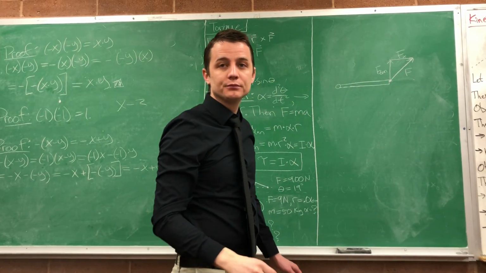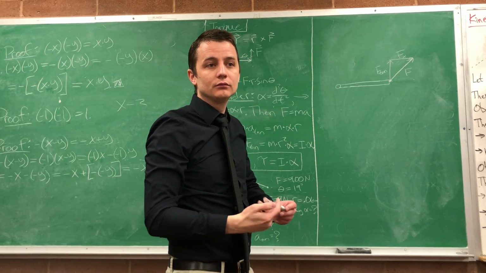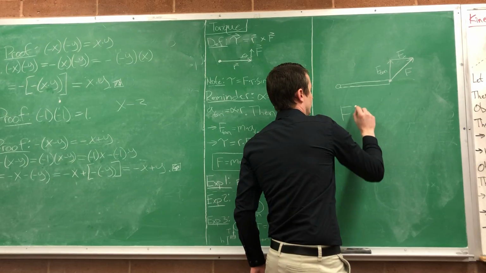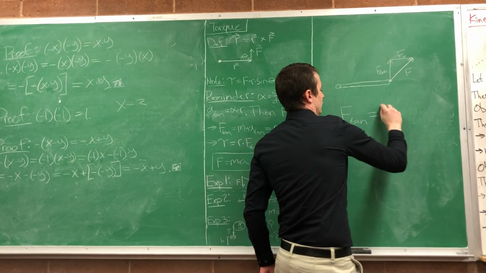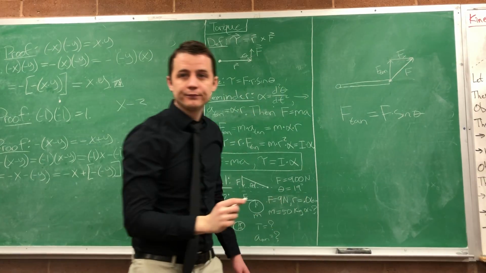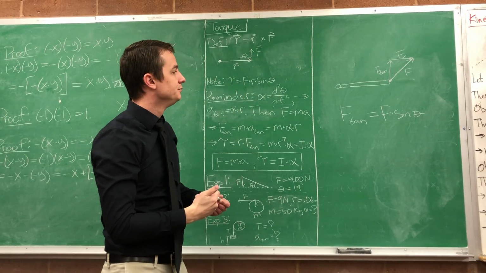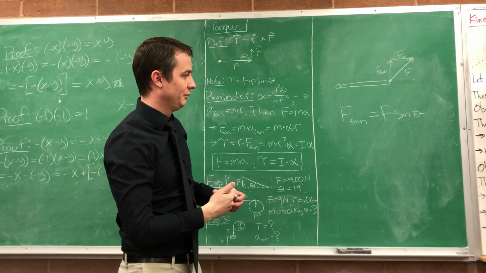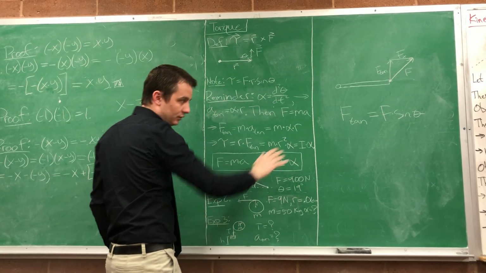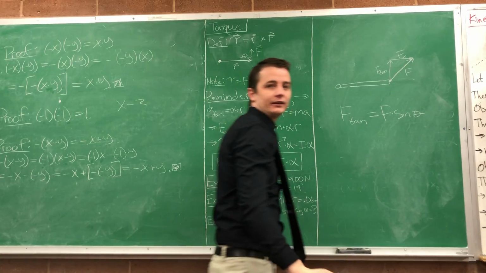So only this component of the force affects the tangential acceleration of that point on the door. How's that different from sine? Depending on what you call theta, from what we had written over here, the tangential force is F times sin theta, same thing.